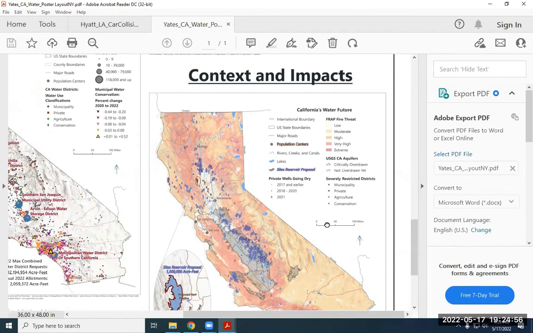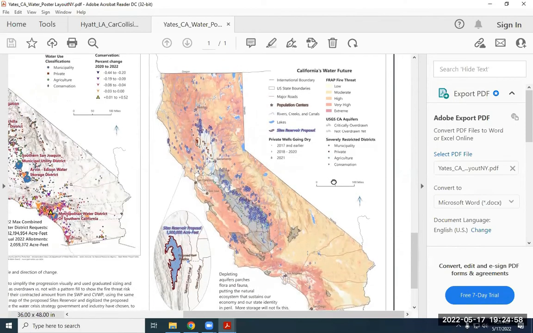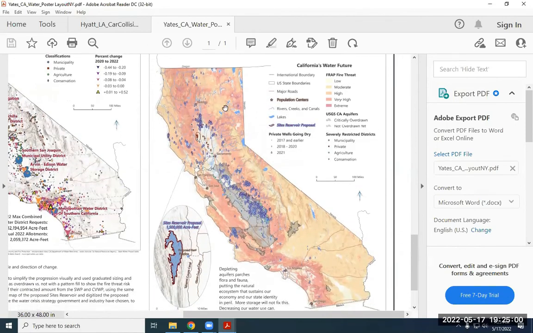So in my last map here, context and impacts, it shows the CAL FIRE fire threat layer, which is a low to extreme fire threat. And you can see lots and lots of very high and extreme fire threat in the state. And then all these teardrops are where you have private wells going dry. And this is not a thorough data set.